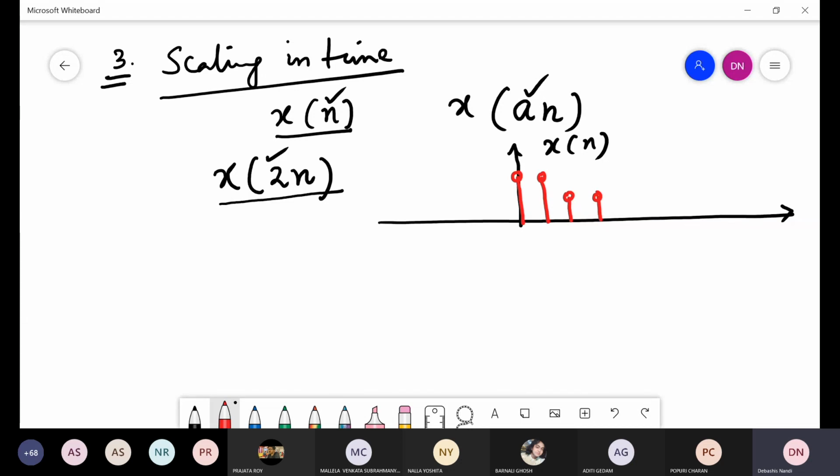Another two samples I am taking just to understand: suppose this is 0.25 and this is also 0.25. The signal is like this. This is n equal to 0, n equal to 1, here 2, 3, 4, 5. So how many samples are there? 6 samples are there.